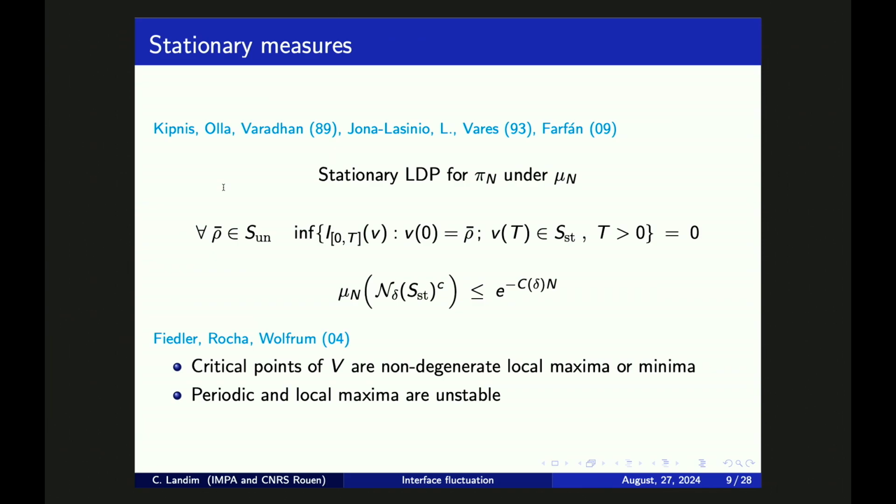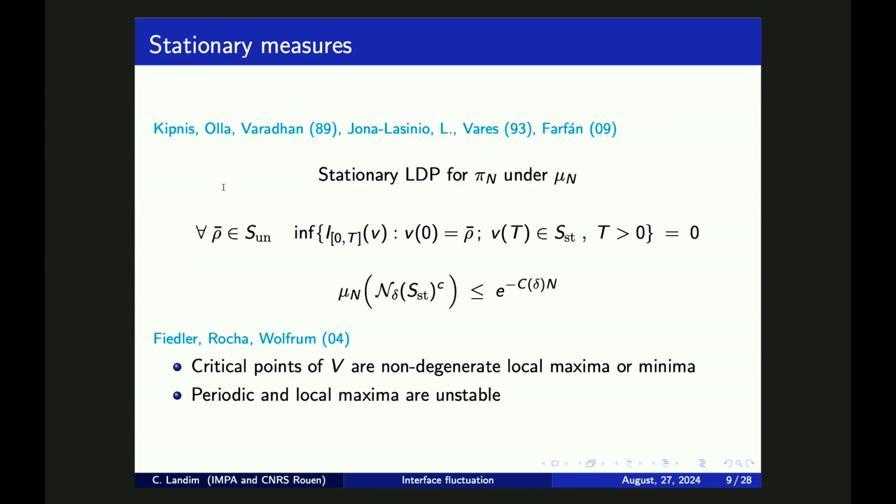So what we did, following the ideas of Raghu, is to prove first a dynamical large deviation principle for this model, and then deduce from this dynamical large deviation a stationary large deviation for the empirical measure under the stationary state mu n.